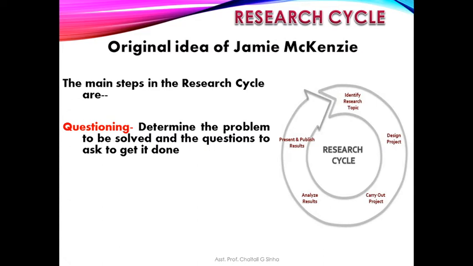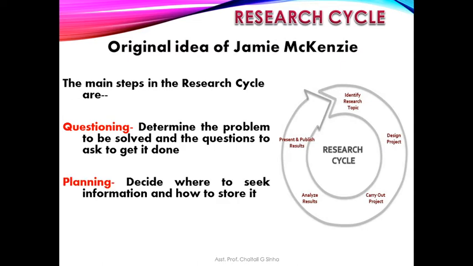That questioning, why this problem is happening and how we can solve it, is the first step of the research cycle. It is also the way we identify the topic of our own research. Then, after identification of the problem, topic, or question which we are going to solve through our research, we do planning.